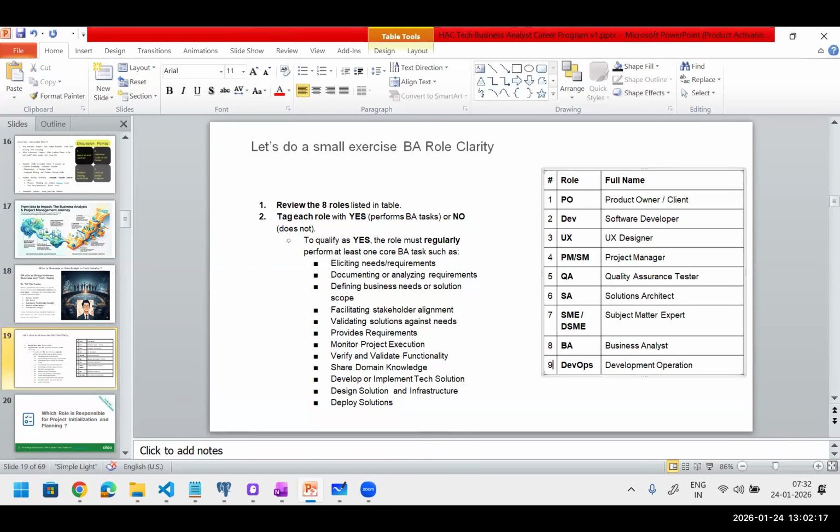Let's say these are the 9 roles you typically see in software development projects.